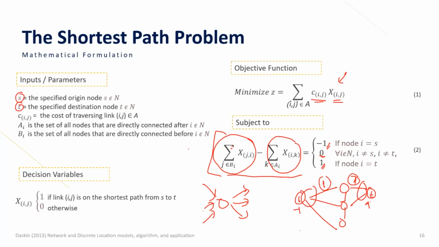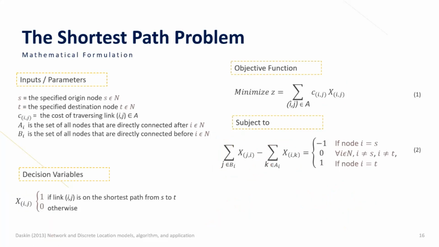Because if you put 1 here, the solution will not make the particular path that you want as a shortest path problem. So this is the big trick that they use to represent shortest path problems. And this one can be calculated before we put it in the mathematical model.